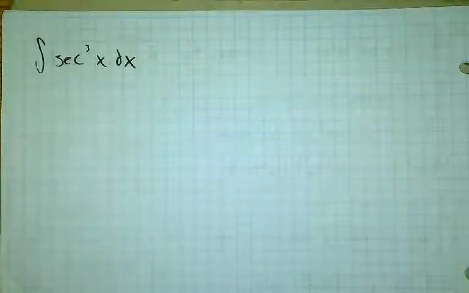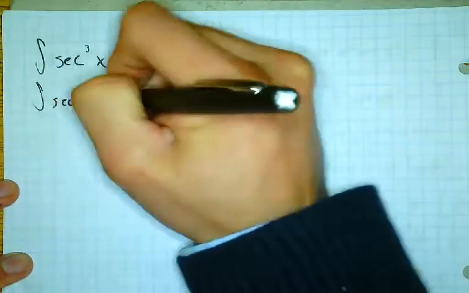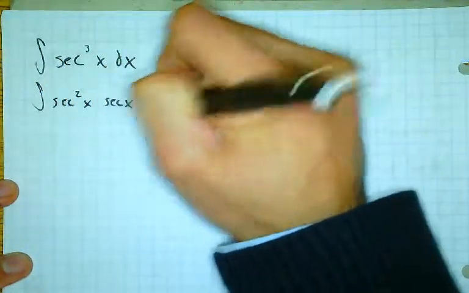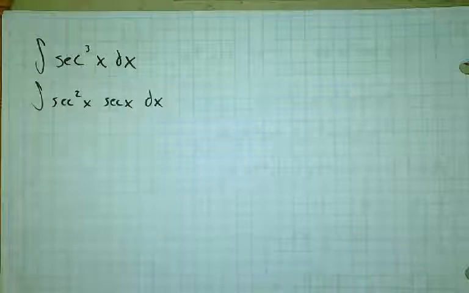It says integration by parts. But the way you attack this problem, I like that the rule helps you, but it's not very helpful. It doesn't really break it down for you. You're first of all going to rewrite this as secant square x secant x dx. You guys with me? Okay.